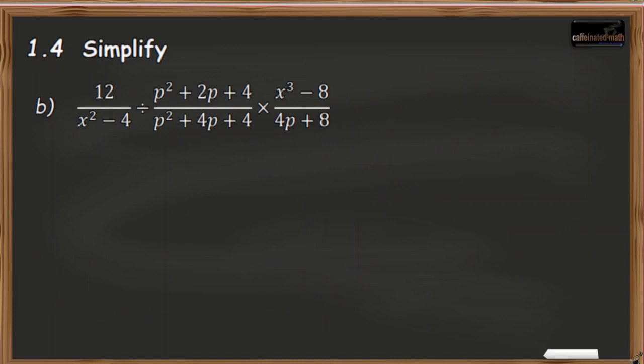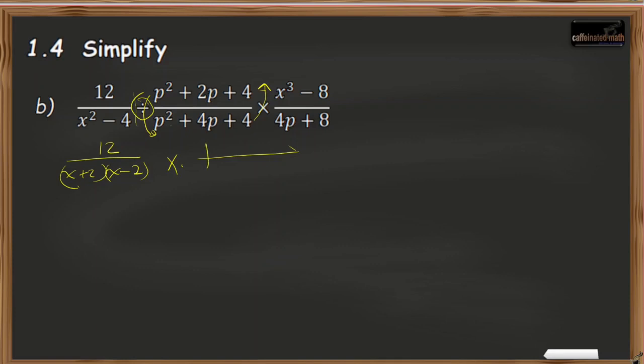Rightio. Next. Well, complete factorization required over here. So let's get to it. Well, for the first one, we'll have 12 over x plus 2, x minus 2, because that is the difference of squares. We need to reciprocate, which means that goes up and this comes down because it's a division sign and we don't want those.